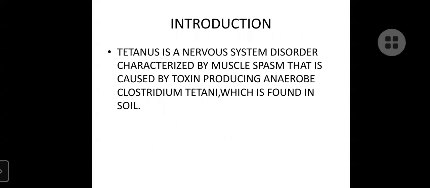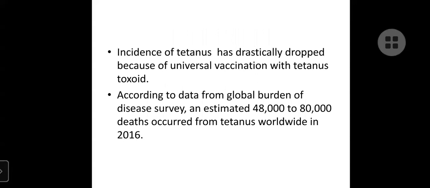So tetanus is a nervous system disorder that is characterized by muscle spasm that can be caused by the toxin produced by an anaerobic bacteria, that is the Clostridium tetani, which is usually found in the soil. The incidence of tetanus has dropped greatly because of the universal vaccination with the tetanus toxoid.